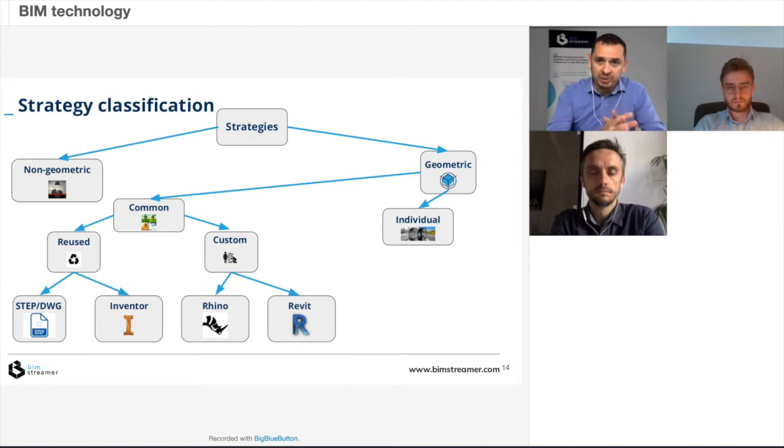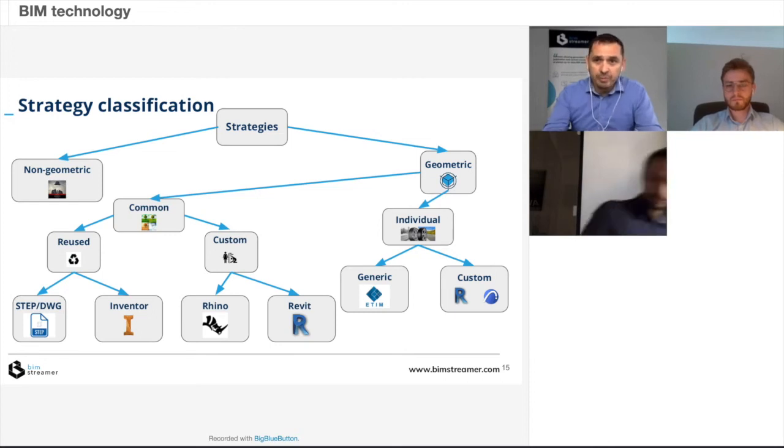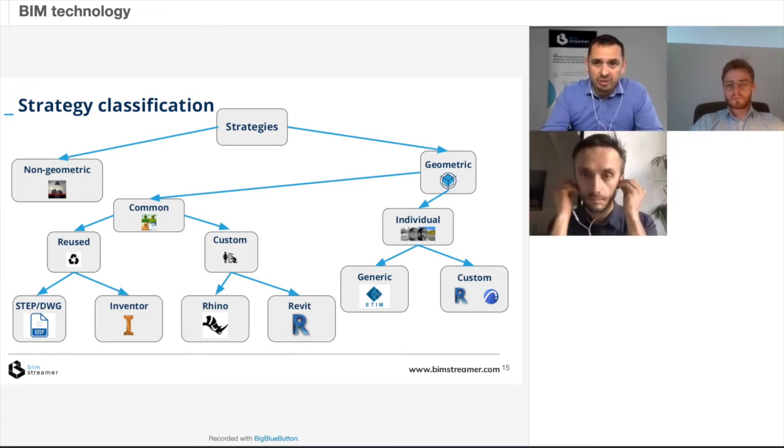So the common, which means that we're creating a single file and reusing it for different BIM platforms. What about the individual one? We also had the possibility to subdivide that into further groups. Group number 1, maybe you are not very familiar with it, but within this group, we've managed to prepare some sort of generic content.